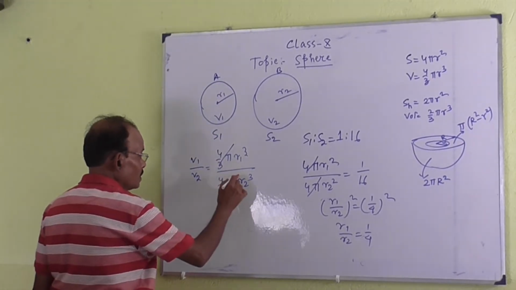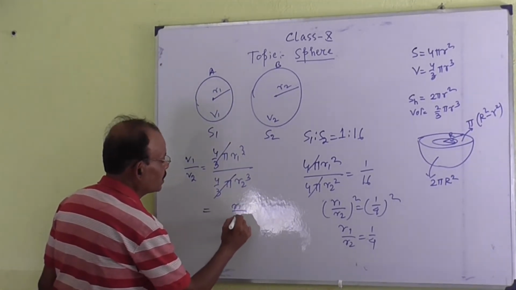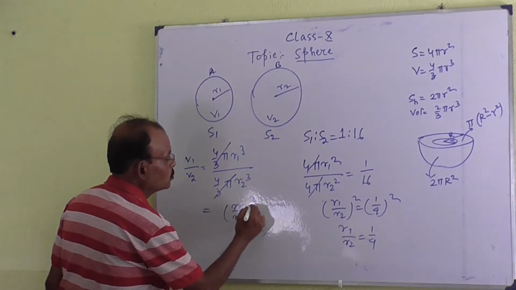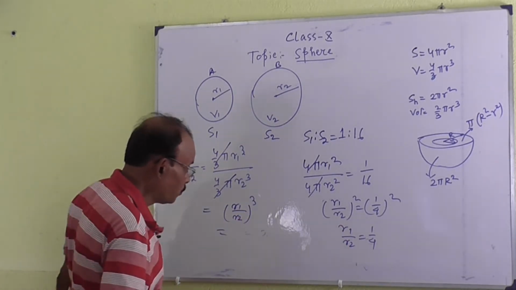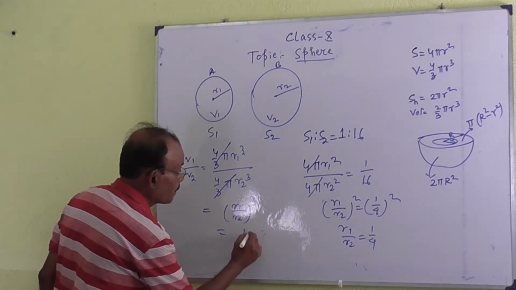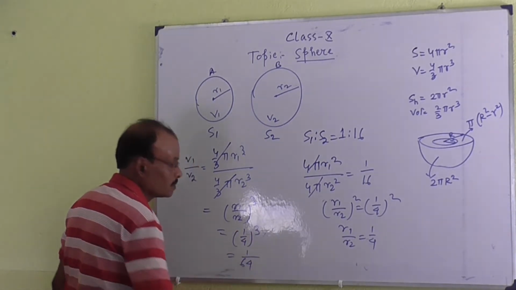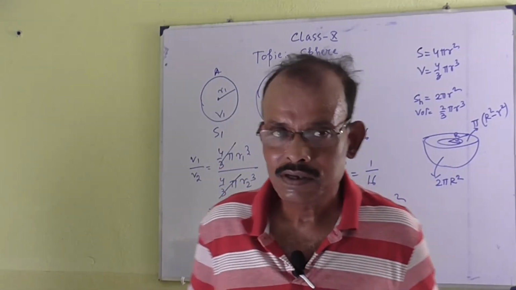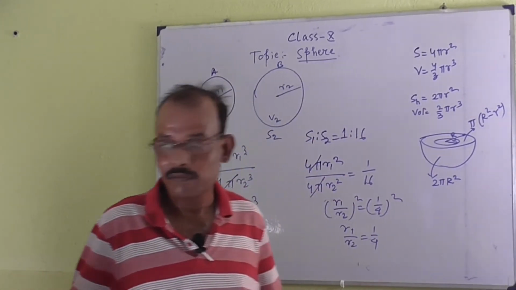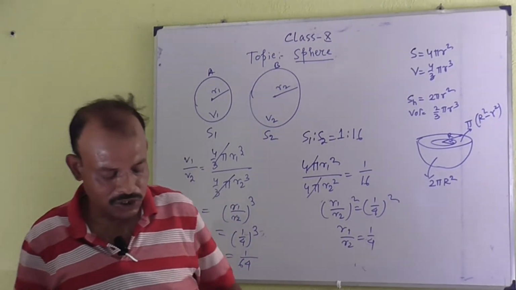Now, cancel this, we get r1 by r2 whole cube. Now, we put the value 1 by 4. So, we have 1 by 64. That means, the final result is V1 by V2 is 1 by 64.